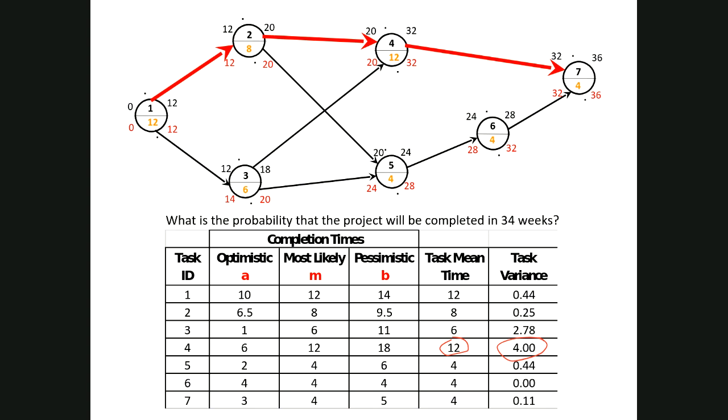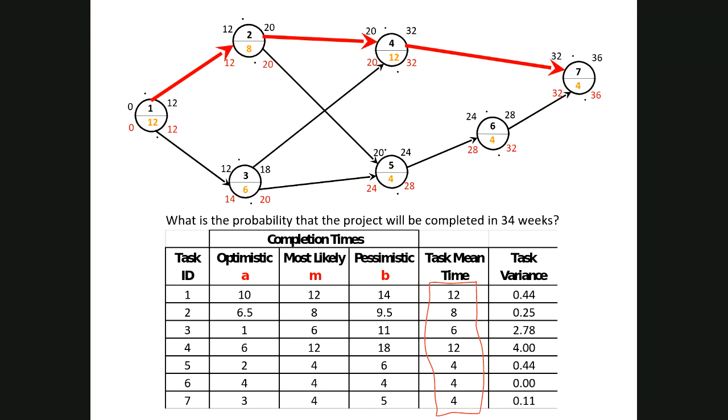First of all, I want to point out this is the same network that we've been using, and the task means are the same that we've been using, because I want to skip over the critical path method part.